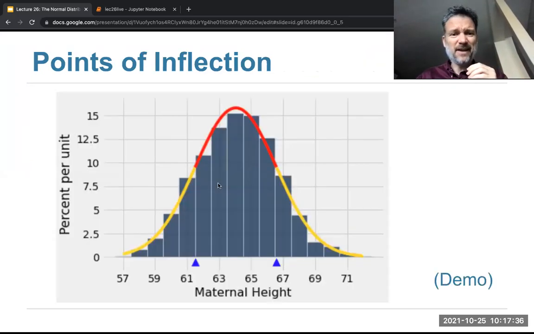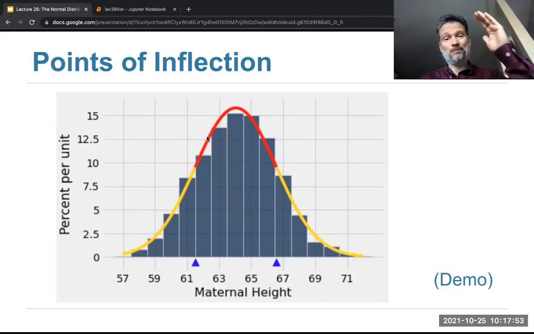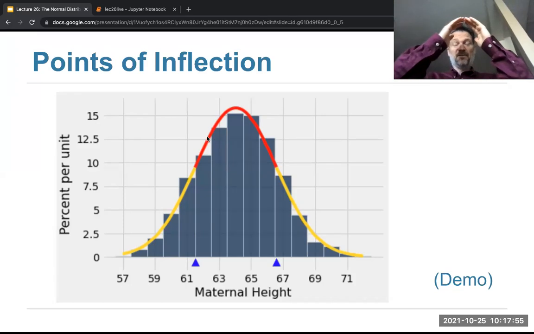By points of inflection, what I mean is if you were to draw a smooth line over the bell, over the histogram, this smooth bell shape over the histogram, you'd see there's some ranges where that line is forming a bell with the inside.